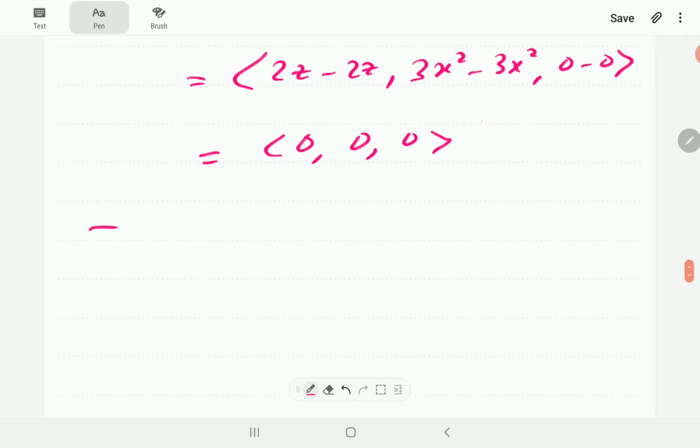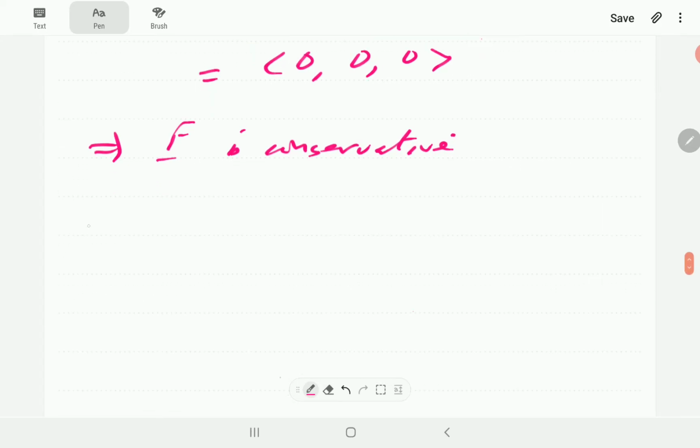So from this, this is telling us that f is indeed conservative. So part 1 or part A sorted. In part B, we want to find the potential function. The potential function is the scalar function which is such that f is equal to its gradient.